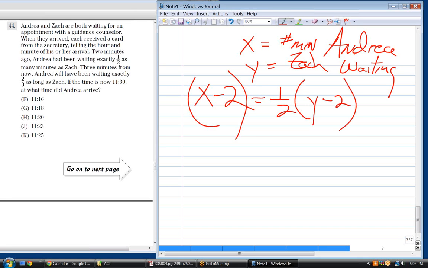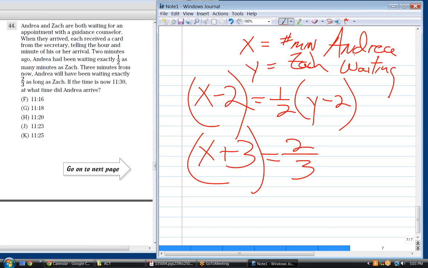And now a second equation would be 3 minutes from now. This will be 2/3 of y plus 3.